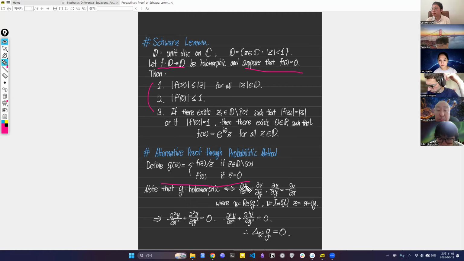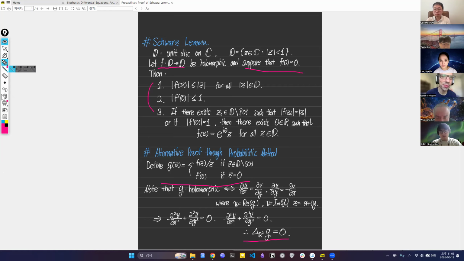Because g is holomorphic, it follows the Cauchy-Riemann equation, so we can see that g is harmonic in the Euclidean sense.